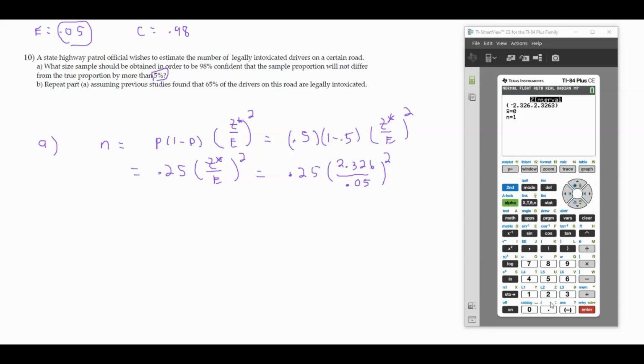So 0.25 times 2.326 divided by 0.05, and this is squared. The calculator knows the order of operations, so it does the square on what's in the grouping and then multiplies by 0.25. I get 541.0276, so I'm going to round that up to 542.